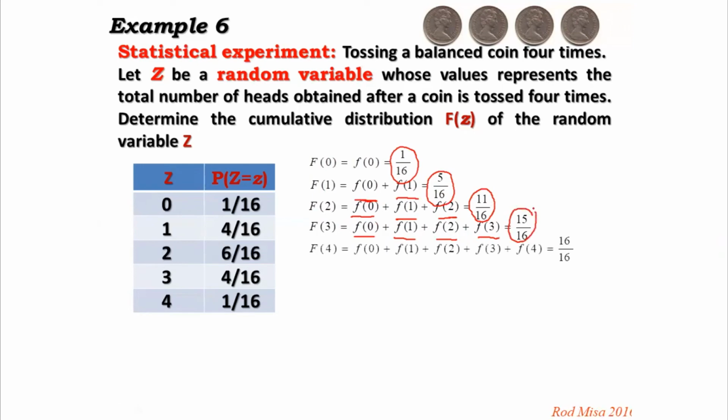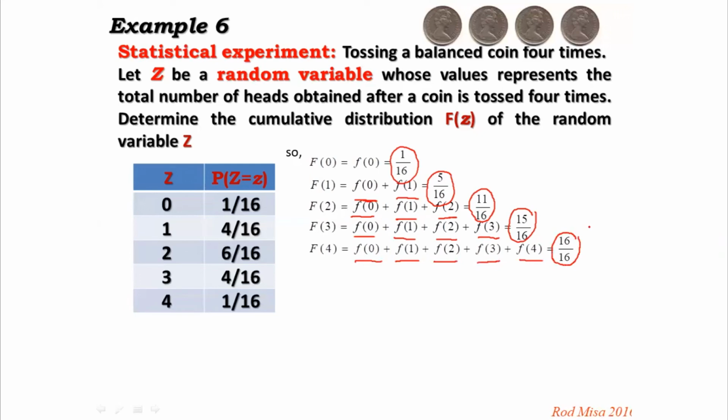And lastly, the big F of 4 is the sum of all individual probabilities from the random variable of 4, then 3, then 2, then 1, up to 0. And we have the sum of 16 over 16, which is equal to 1.